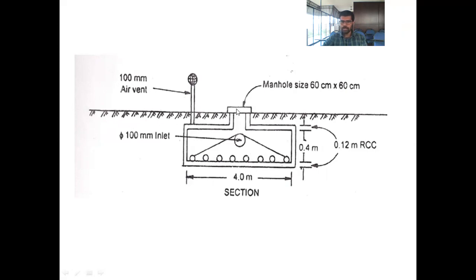This is the manhole, normally 60 centimeters by 60 centimeters, so you can inspect and do servicing or maintenance. A 100 mm air vent should be provided. The height is 0.4 meter, and this thickness is 0.12, made up of RCC.